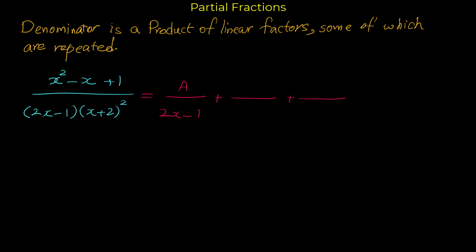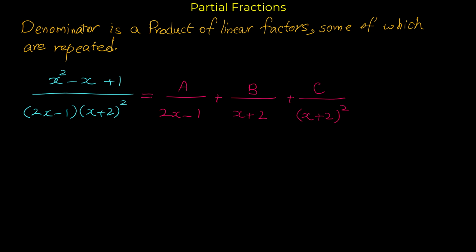Then we have the linear factor x plus 2, so we put x plus 2 here with the unknown B in the numerator. But because this linear factor is raised to the power of 2, we also have to add this third fraction here with an unknown C in the numerator.